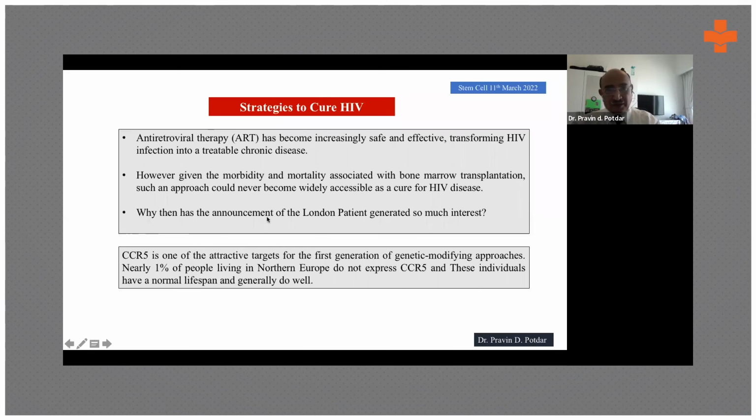Why then has the announcement of the London patient generated so much interest? Of course, it has generated a lot of interest because it is curing a disease which is very complicated. CCR5 is one of the attractive targets for first-generation genetically modified approaches. Nearly 1% of the people living in Northern Europe do not express CCR5.